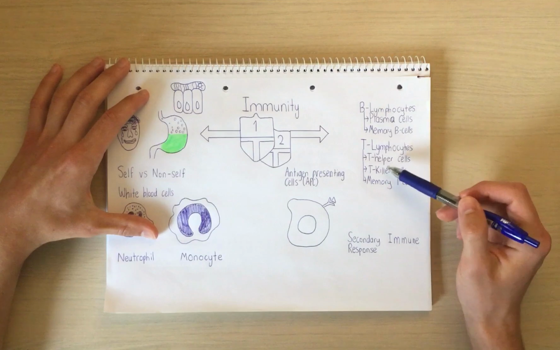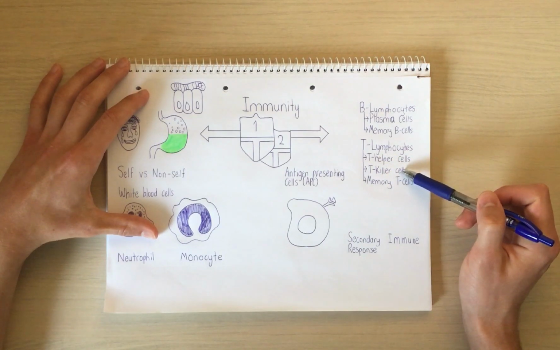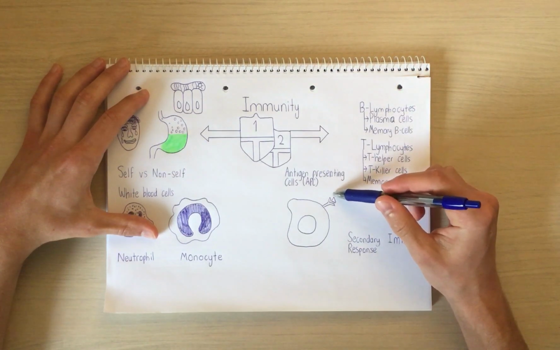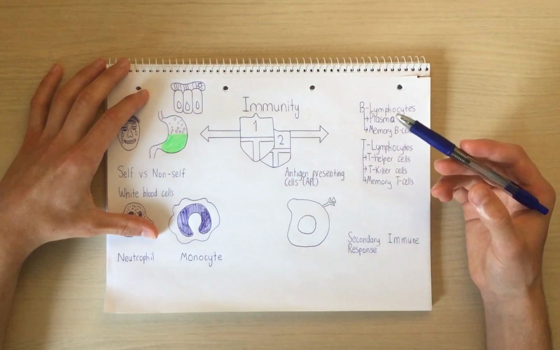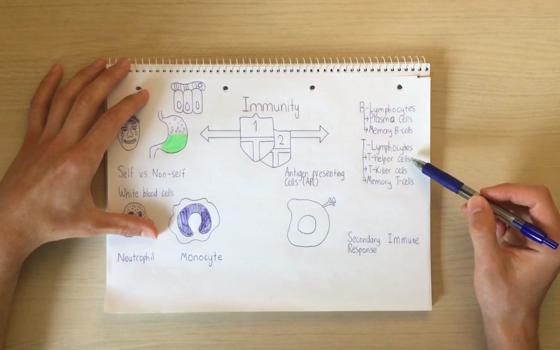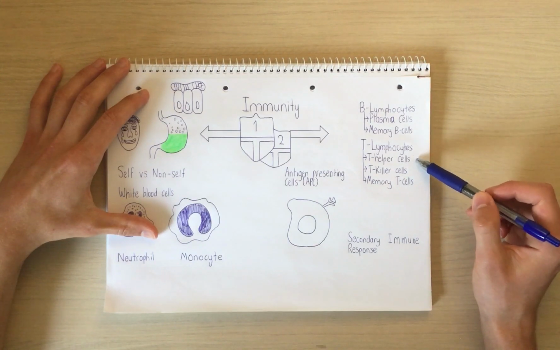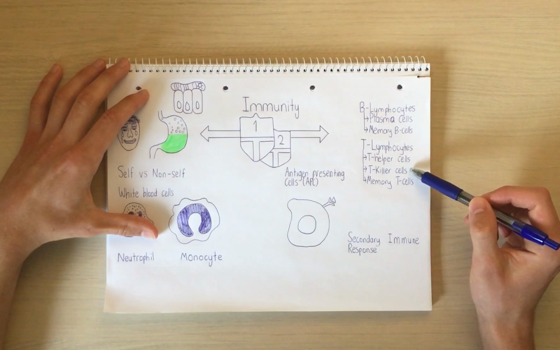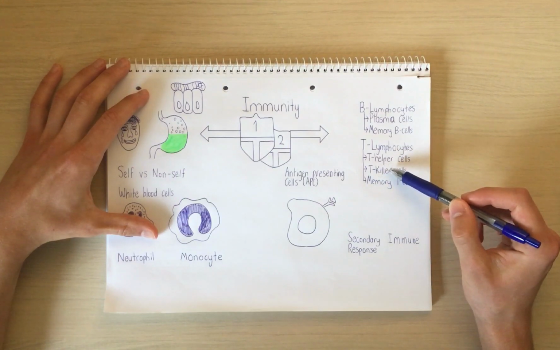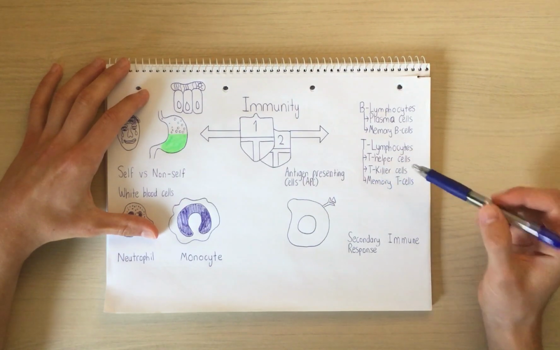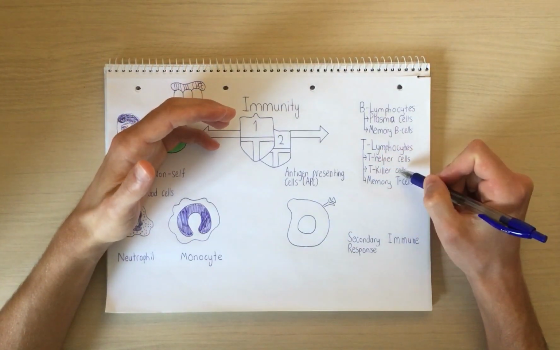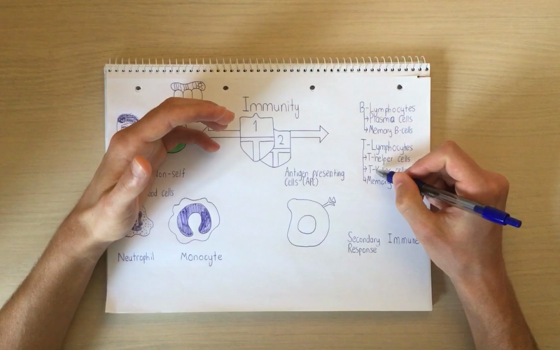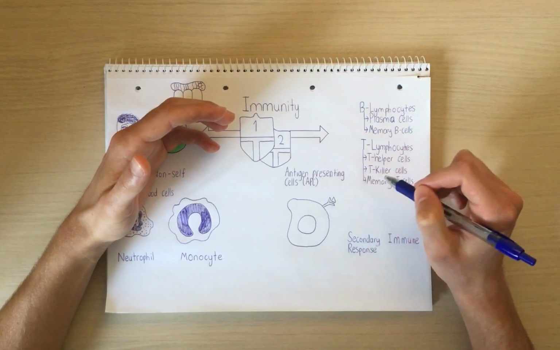Before we get to B lymphocytes, let's look at T killer cells. T killer cells will attach to the antigen on an antigen presenting cell, and they will become activated. On top of the fact that the cytokines from the T helper cells stimulate the mitosis of T killer cells, the T killer cells will also naturally just divide into more T killer cells and also memory T killer cells for that specific antigen.